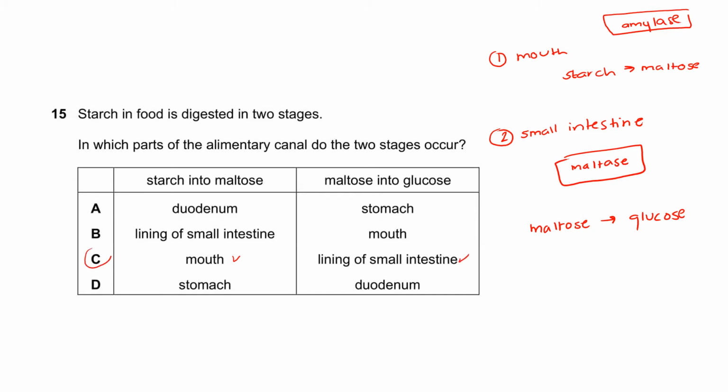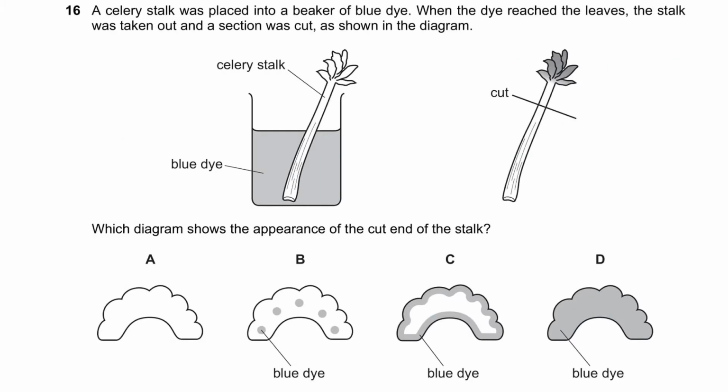The answer is C. Question number 16 says a celery stalk was placed into a beaker of blue dye. When the dye reached the leaves, the stalk was taken out and a section was cut as shown in the diagram. Which diagram shows the appearance of the cut end of the stalk? The xylem in the stalk is going to absorb the water, which includes the blue dye, so the xylem in the vascular bundle is going to stain.